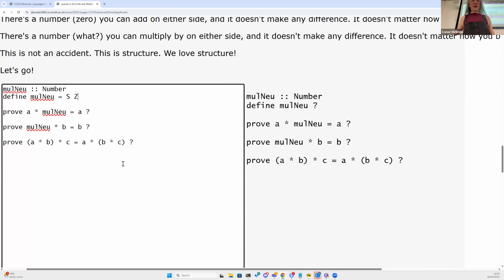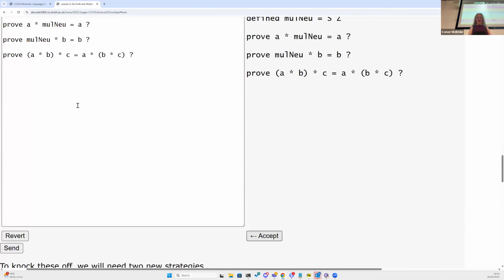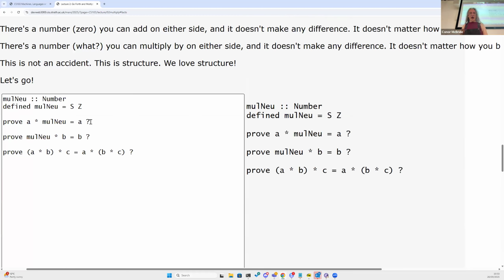So we figured out that we want to prove that A times 1 is A and 1 times B is B. Let's go out on a high. Why don't you hit test?